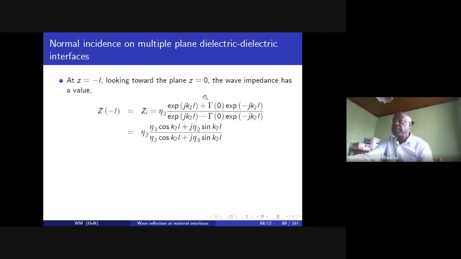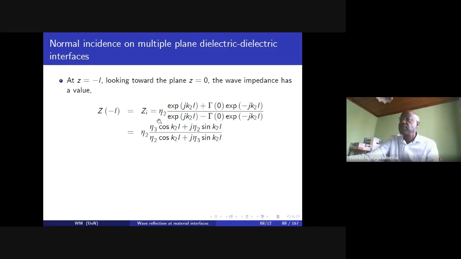After we have gotten the value of z, we can now go to z equal to minus L and look toward the z equal to 0 plane, and we get a value of z at minus L. And we can see that it is more like circuit theory, where you are looking toward the load or termination from the generator side. Therefore, we can call that an input impedance looking towards the plane at z equal to 0.